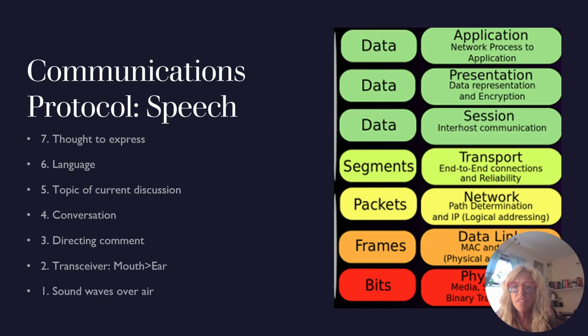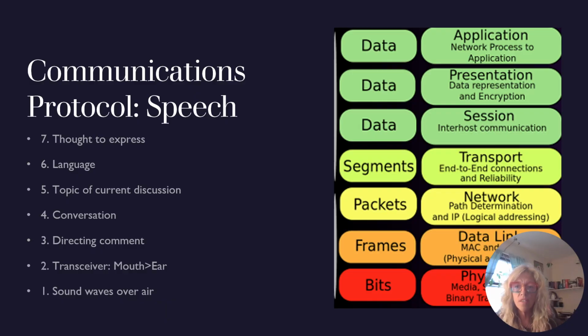And then layer 5, the session layer, which establishes, manages, and terminates sessions. In speech, this might be the initiation and termination of a conversation, like a greeting or a farewell. A conversation usually starts with a greeting, like hello, hi, and when you're done, it usually ends with a farewell, like okay, thank you, bye.